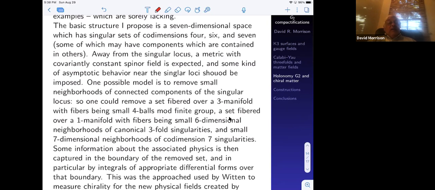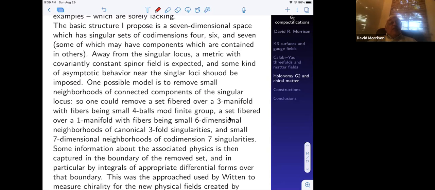I should point out that because codimension 4 is responsible for non-abelian gauge symmetry, if you're studying a physical phenomenon which is charged under non-abelian gauge symmetry, the singular locus had better be contained within that codimension 4 locus. So interesting cases include codimension 6 and 7 singularities which are inside the codimension 4 locus, because that will allow for singularities which are charged under the non-abelian gauge group.